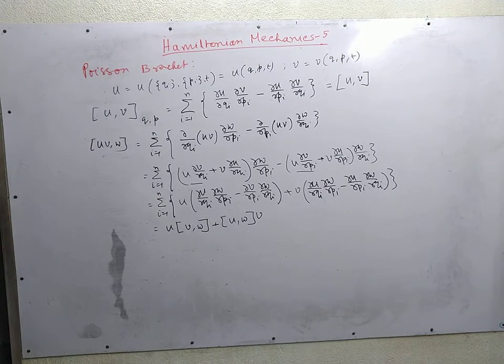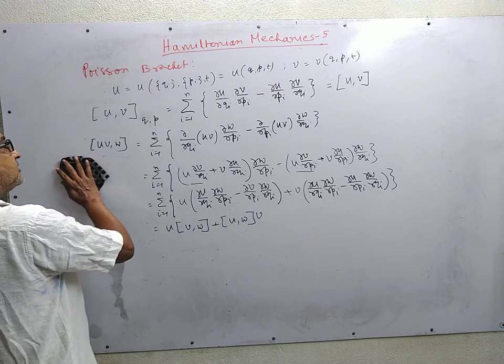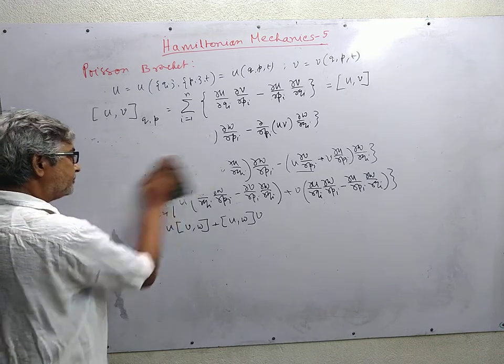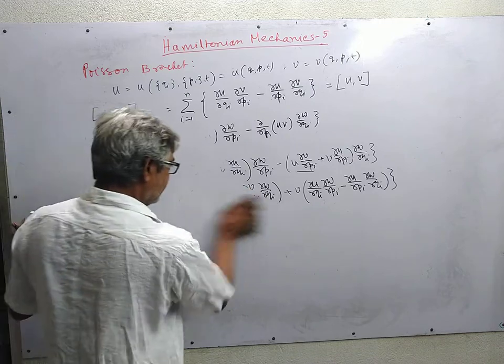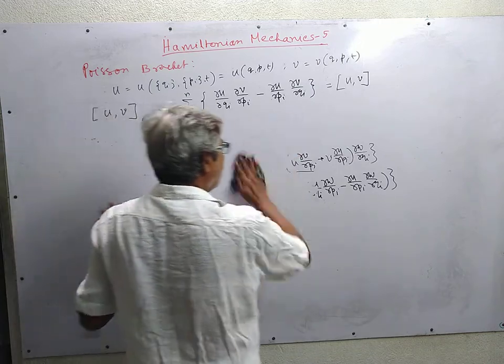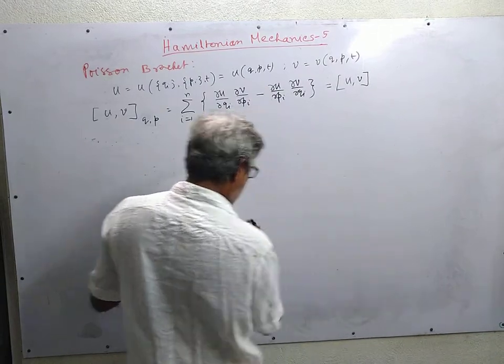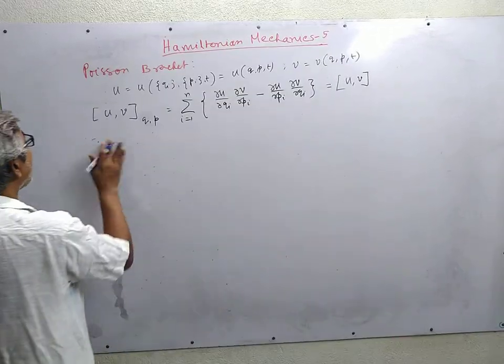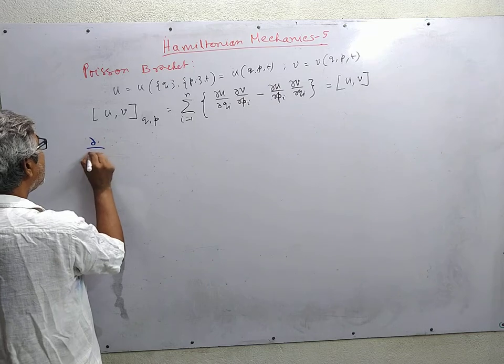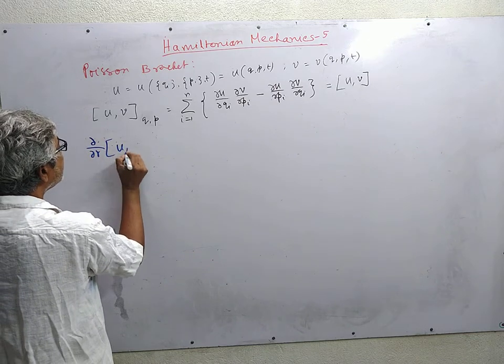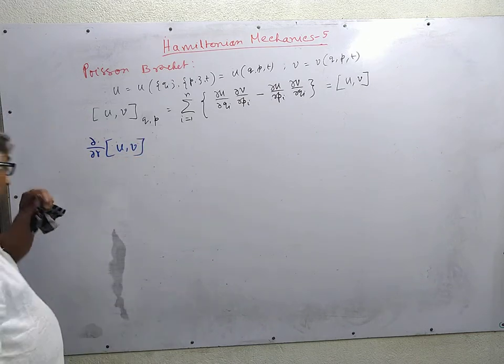Now we shall prove the differentiation rule. We consider the Poisson bracket of two variables U and V, and we differentiate it with respect to R. So our objective is to calculate del R of the bracket [U, V].